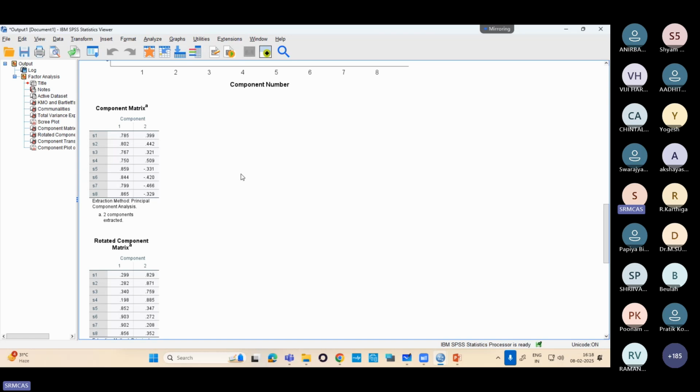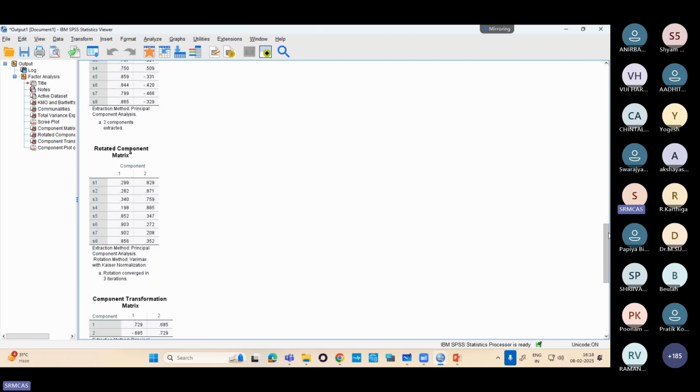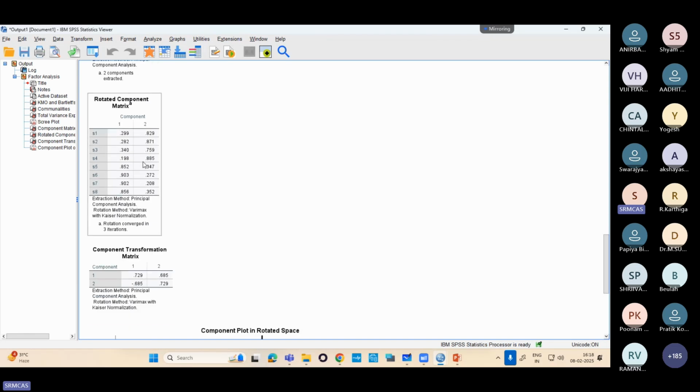So we have to rotate the axes, the angle of the factors, and again look at the component matrix, the factor loadings after rotation. Now we can find that S5 to S8 have a high correlation with factor 1, and S1 to S4 have a high correlation with factor 2.